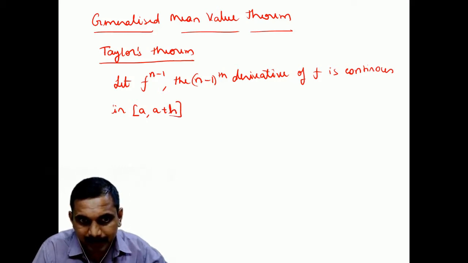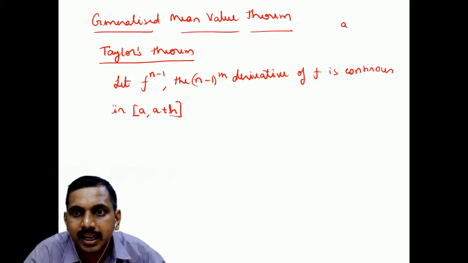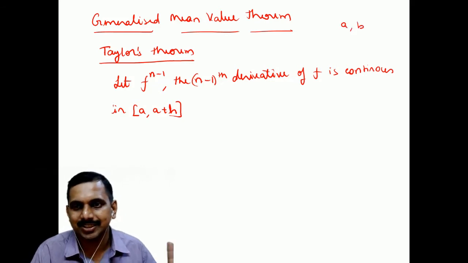Now, saying a comma a plus h is equal to saying a comma b, where b is a plus h. That's what it means.